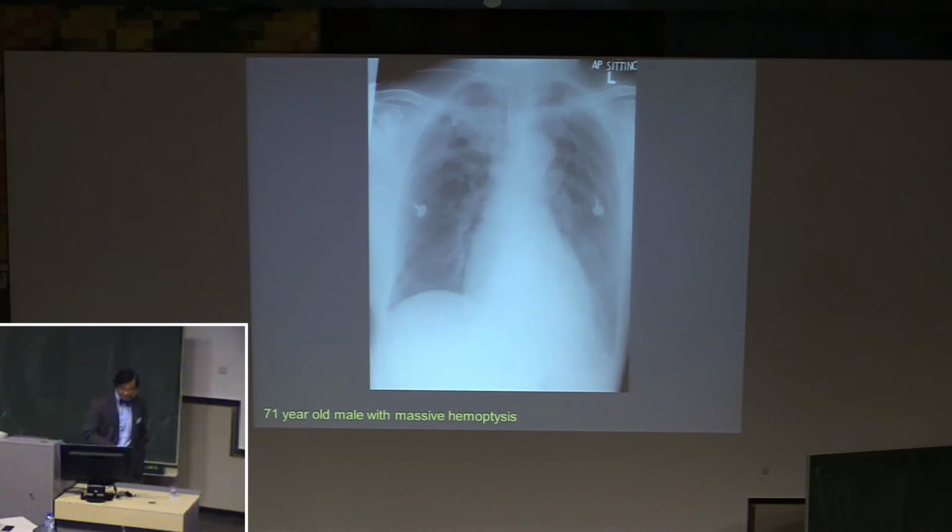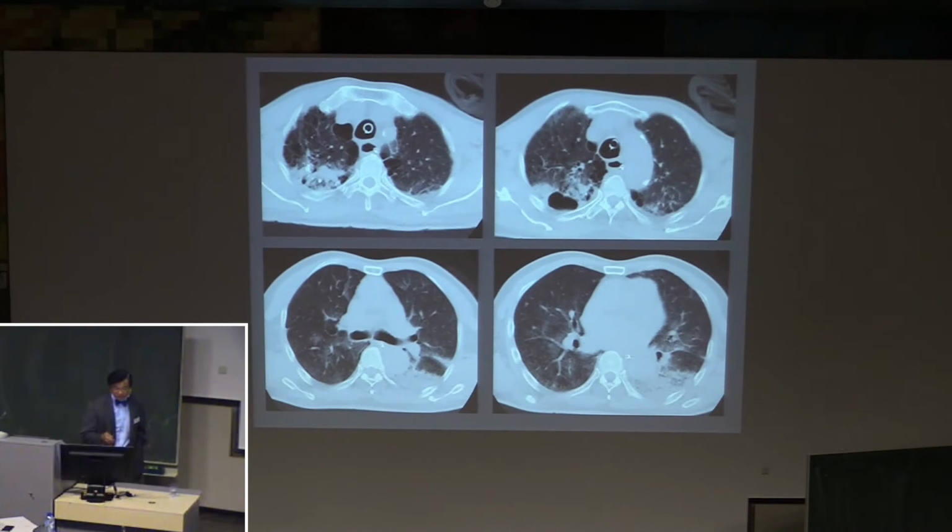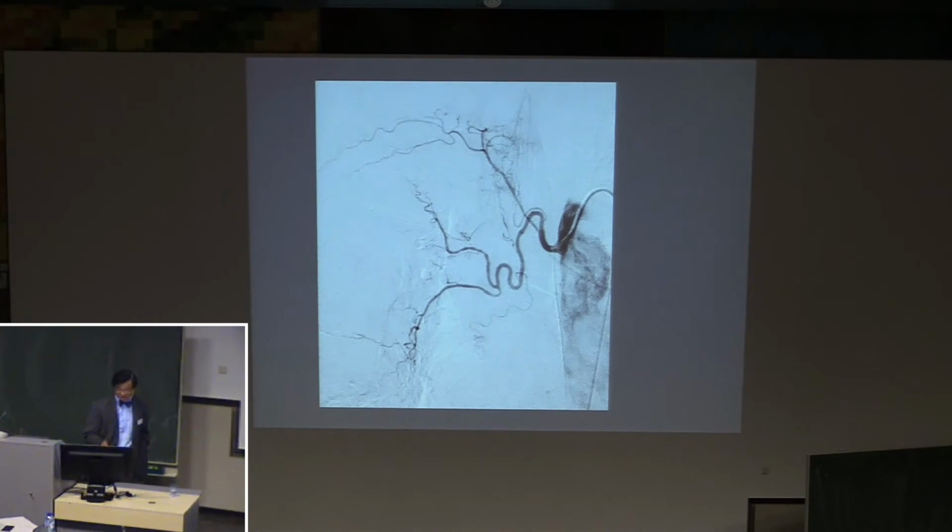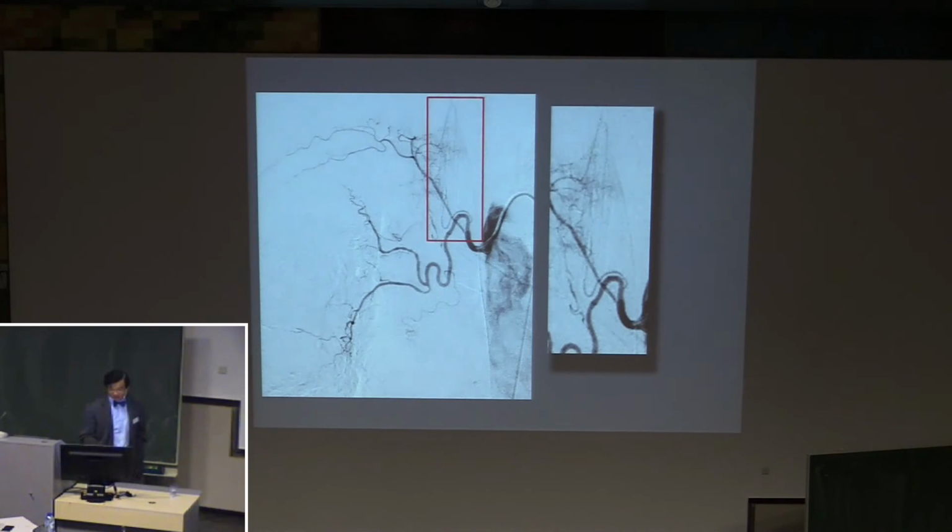This is another patient who presented to us with massive hemoptysis, and in our patient population we have patients with chronic pulmonary tuberculosis and scarring, and here's the CT showing the amount of scarring in the lungs. When we performed the bronchial angiogram, what we were not very happy about is this vessel here.